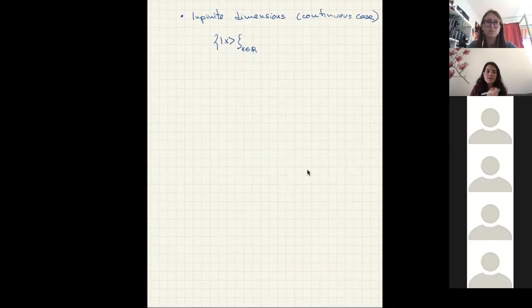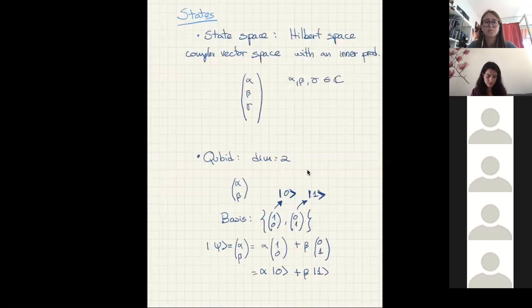And then in the same way, we can expand any state in this basis. So we can write that every psi is, for example, if it's continuous in this case, the integral from minus infinity to plus infinity of some number psi of X, times the ket X. Okay, so it's exactly the same as you did in this case, right?